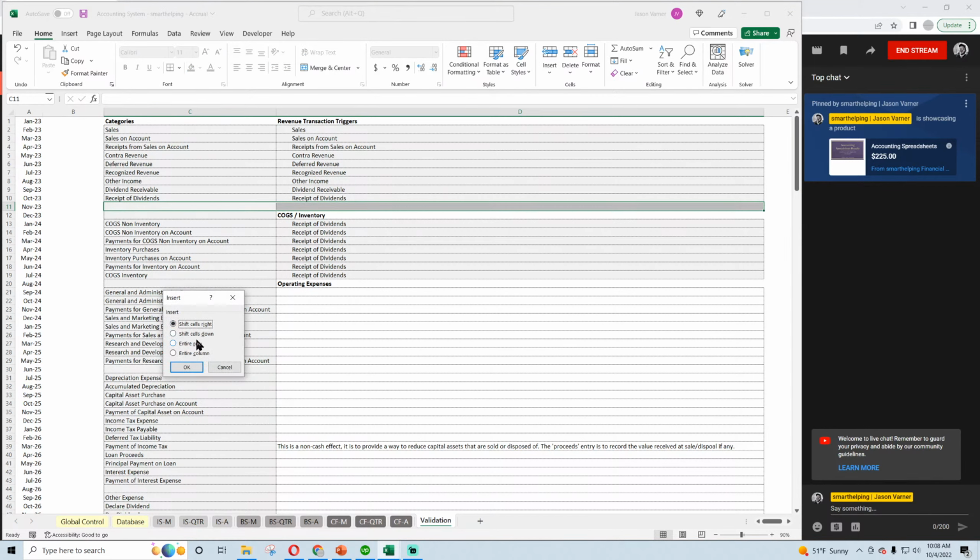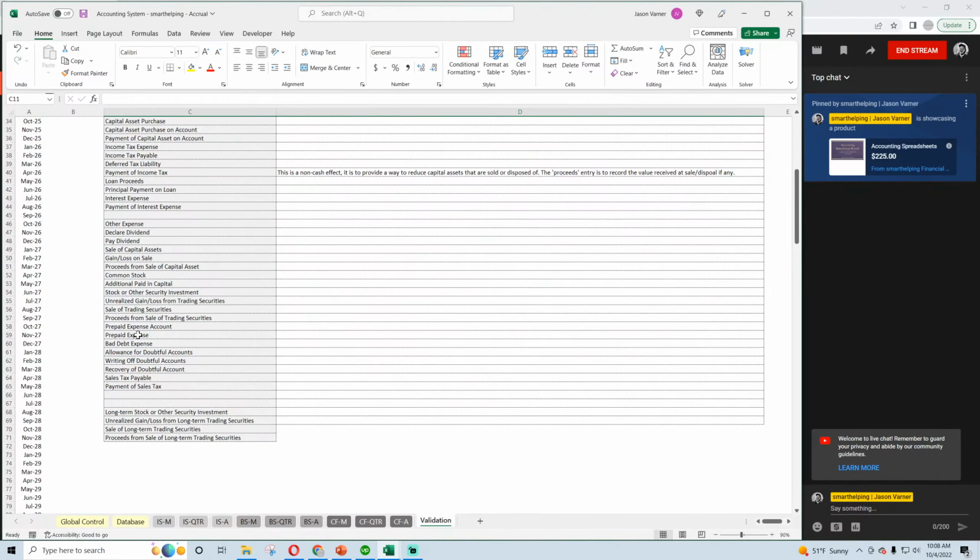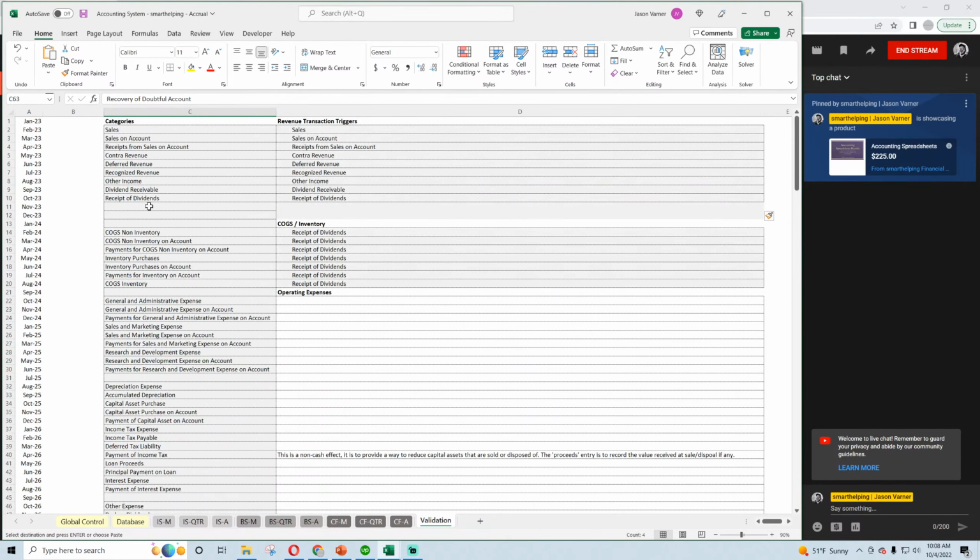If your business regularly has uncollectibles, then you have to estimate that every time you enter a receivable. So let's put these, bad debt, doubtful account recovery. Yeah, all this stuff can go in revenue.